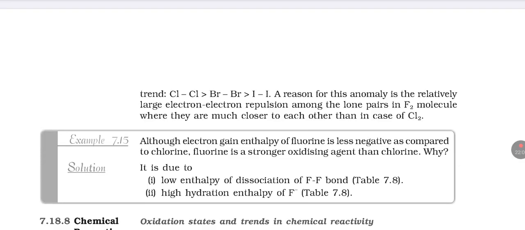Cl-Cl bond is greater than Br-Br, greater than I-I. A reason for this anomaly is relatively larger electron-electron repulsion among the lone pairs in fluorine molecules, where they are much closer to each other than in case of chlorine.